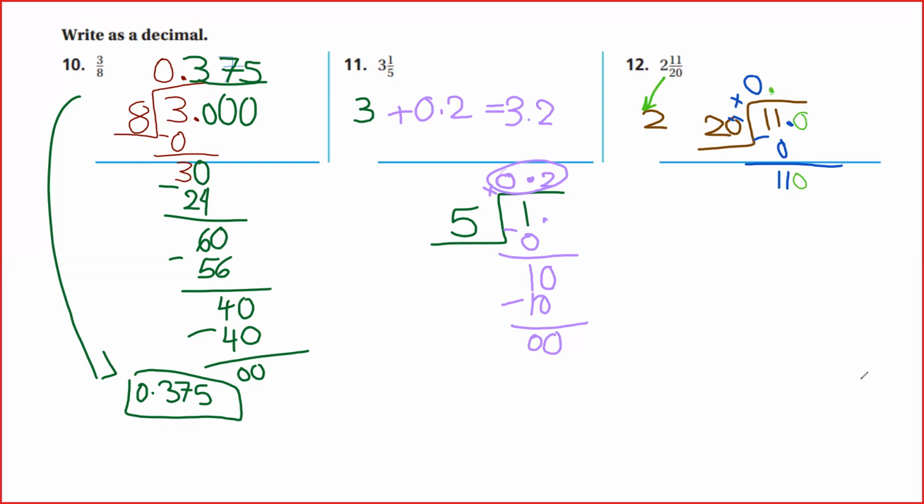110 over 20. It's 5. So it's 100. Now then 10. Bravo. Then next, what do you have to add?